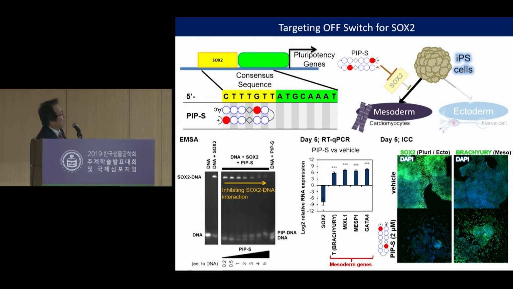And we can confirm such an effect using immunostaining. So the polyamide inhibits SOX2 here, with upregulation of brachyury. That clearly indicates the iPS cells go to the mesoderm.